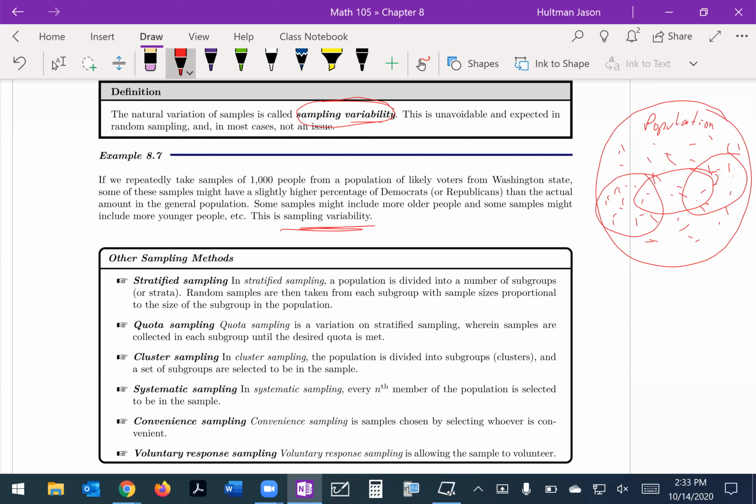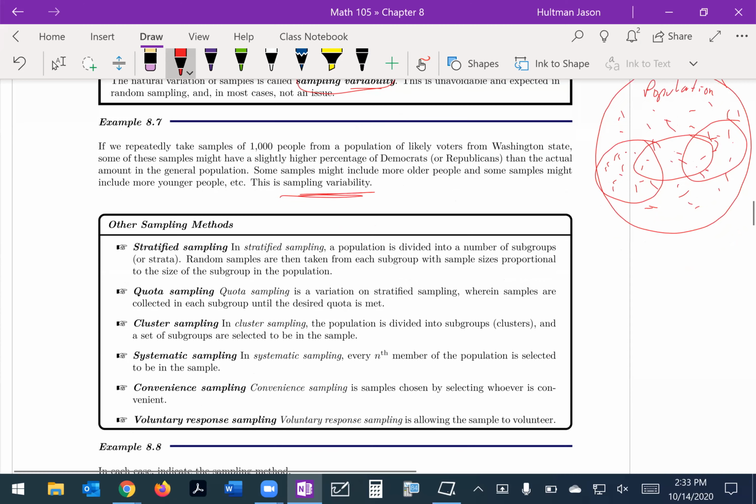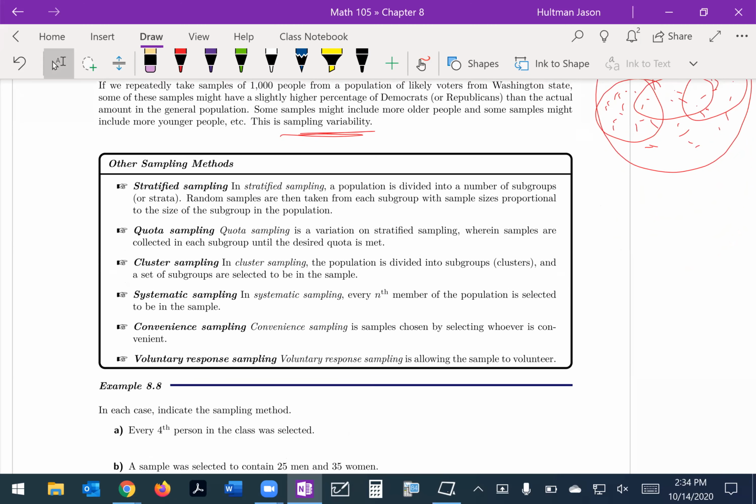So we have variability in the sample, but it's still a valid sample, even though there's some variation within the sampling.